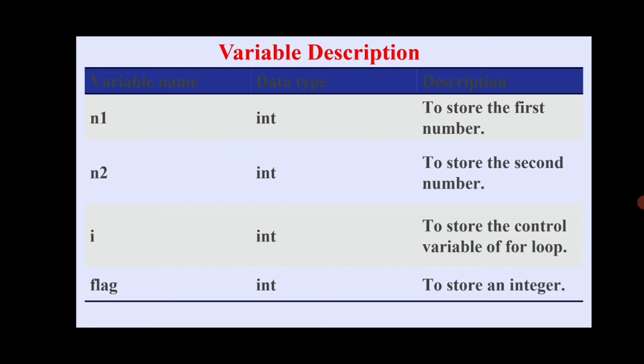In this program, I have used only 4 variables. n1 is an integer type data to store the first number. n2 is an integer type data to store the second number. i is an integer type data to store the control variable of the for loop. And flag is an integer type data to store an integer.